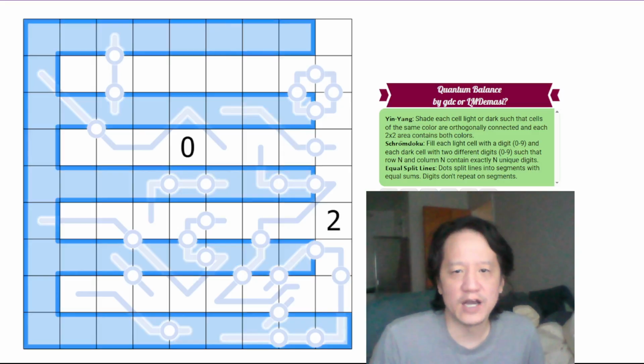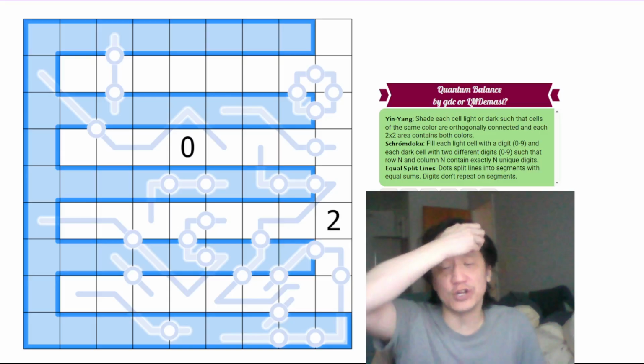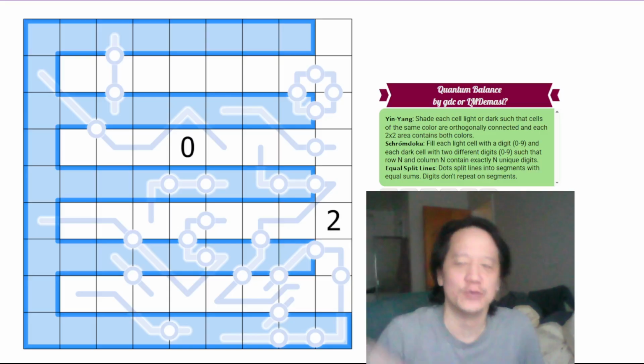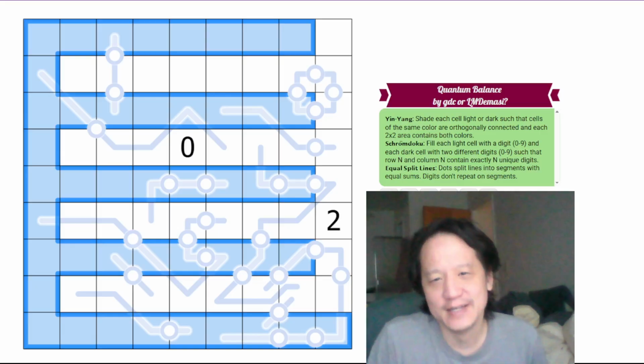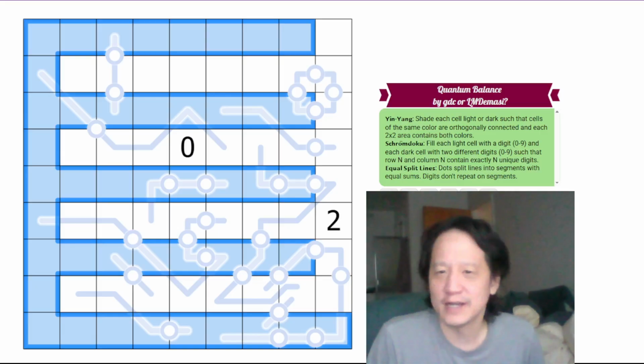We also have Shrimdoku. I don't know how to pronounce it. It's Schrödinger with M-doku. I don't know why we have an M-doku, though. Shouldn't it be Shrimdoku? I don't know.